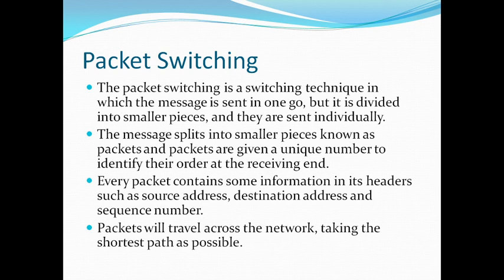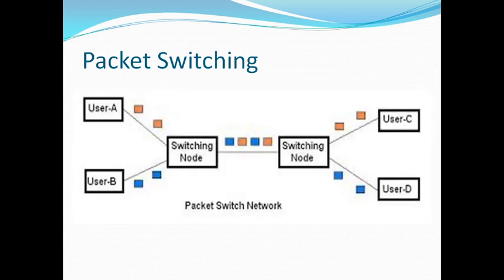Then packets will travel across the network taking the shortest path possible so that maximum transmission can take place using shortest paths. This is the example. See, user A is sending orange packets and user B is sending blue packets. These are the switching nodes, intermediate nodes.